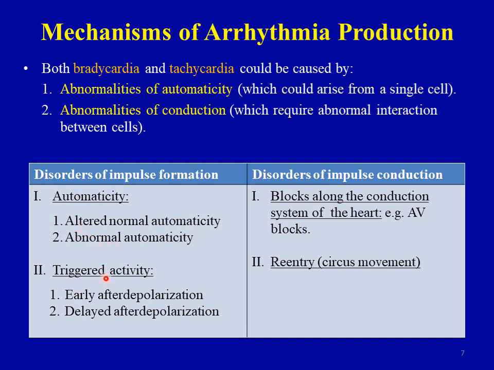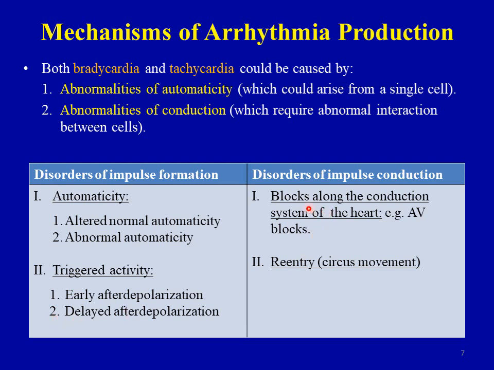Also, among disorders of impulse formation, there is something called triggered activity, and I will explain that later on in one of the coming slides. It could be due to early afterdepolarizations or delayed afterdepolarizations.